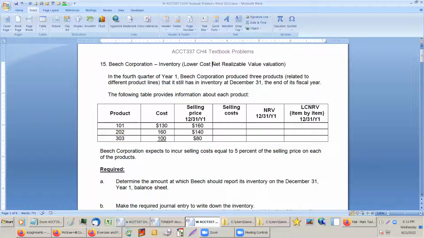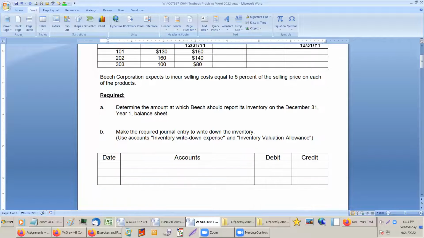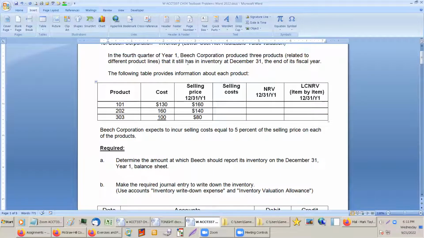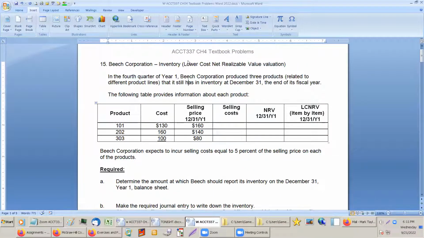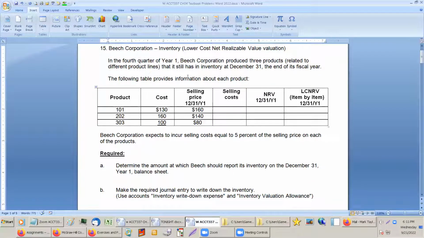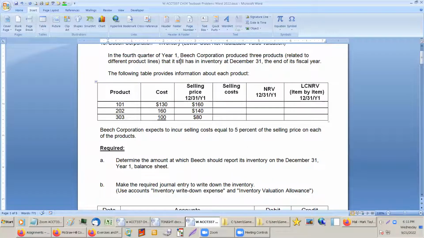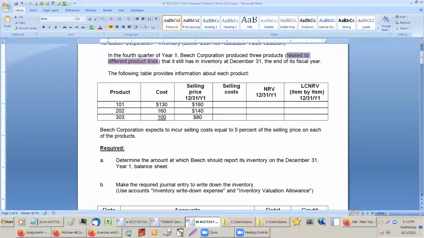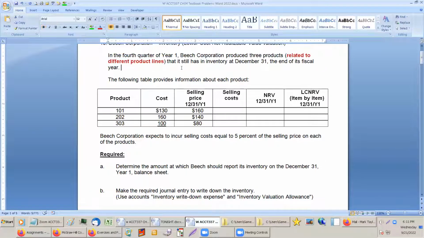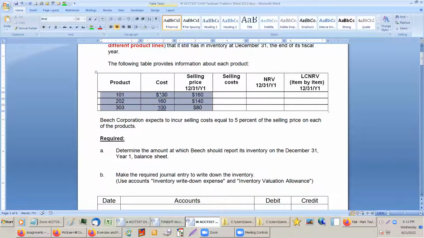So I think before I told you this is for the international standards, this is actually for both standards. Okay. So we have these products. These are in different product lines, which may not sound very important, but if they're all in the same product line, we could combine them, but because they're in different product lines, we can't.